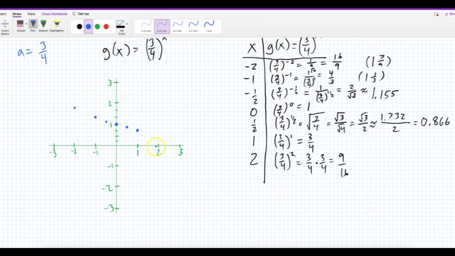Okay, and finally 2 as our input corresponds to 9/16 as our output. Well, 9/16, that's very close to 8/16, and 8/16 is 1/2. Okay, so 1/2 is right here, and it's just a little bit above that.